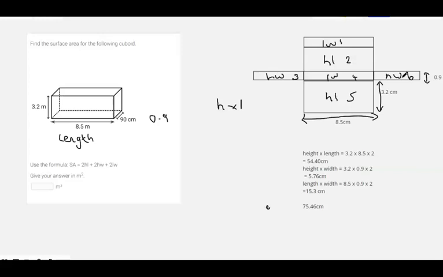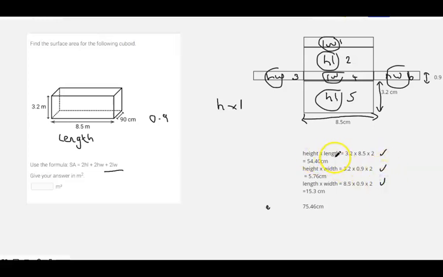So just be really careful each of the 6 times. Or as you realise, there are groups. So there's 2 sides exactly the same. So obviously you can treat those as the same, just times them by 2, which is really what this formula is doing and how I've expanded it here.